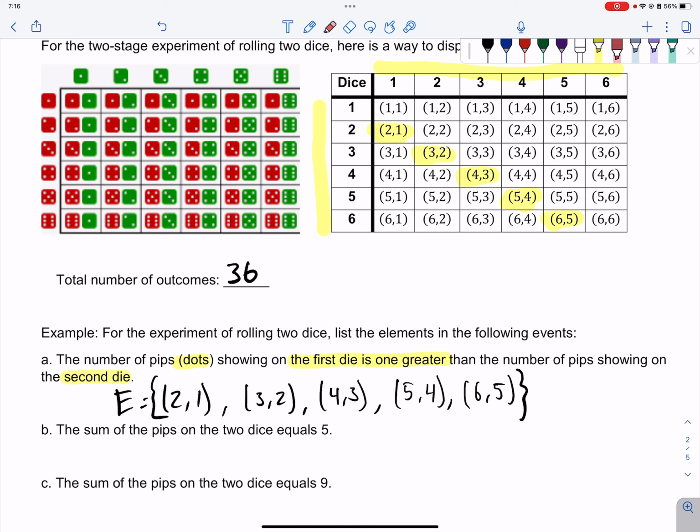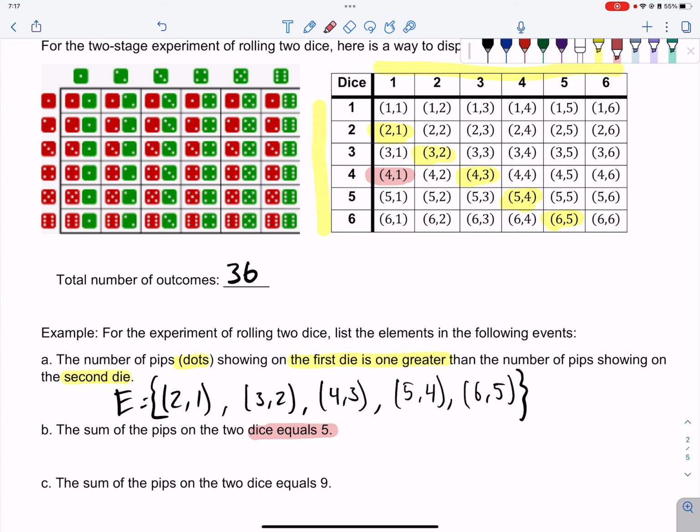The next one, we want the sum of the 2 pips, the dots on the 2 dice, to equal 5. So when we're rolling 2 dice and we write out the table like this, there's an easy way to get all of our outcomes that add up to a specific number. So if I look in my first column and I see 4, 1, I know that if I add those 2 together, that gives me 5.